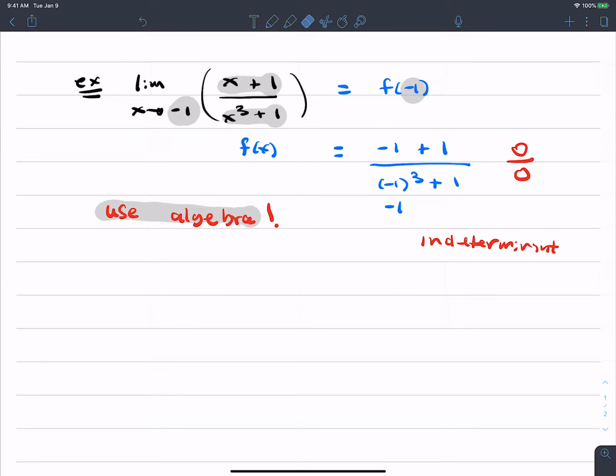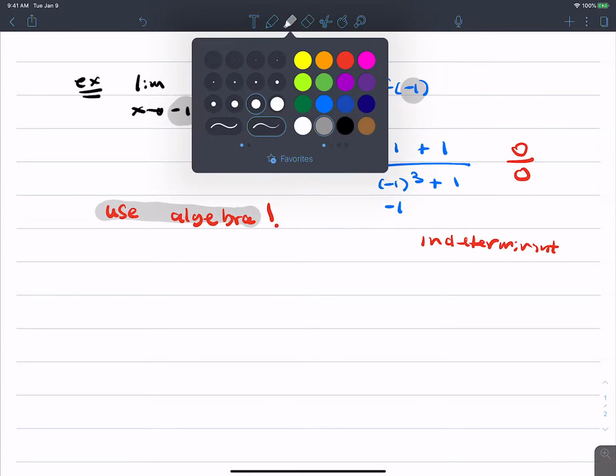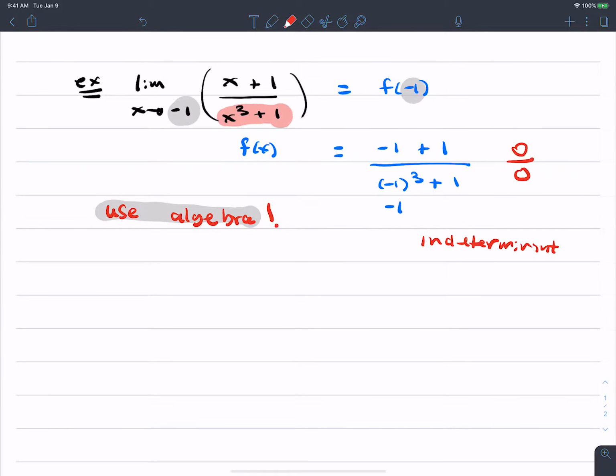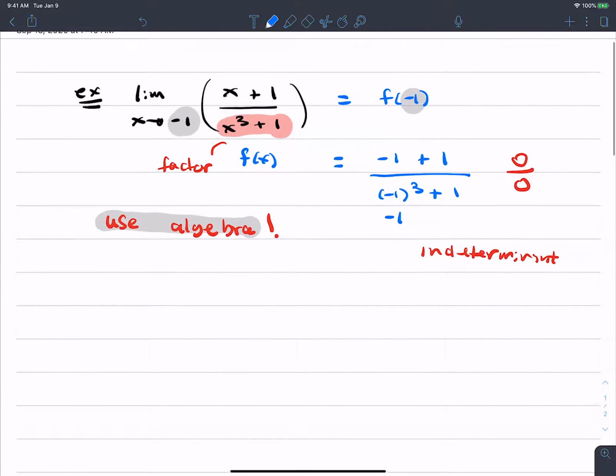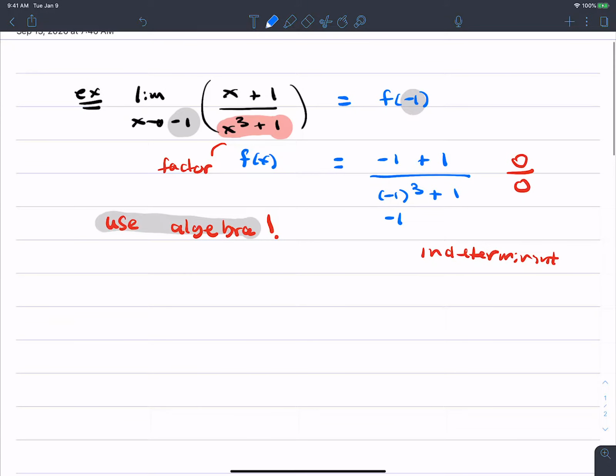Well, if you take a closer look, the denominator here, x cubed plus 1, could be factored. So yes, beginning algebra is used in calculus. So you're going to factor x cubed plus 1. That's the sum of perfect cubes here, right?